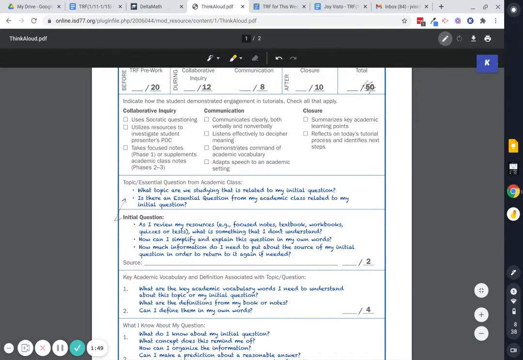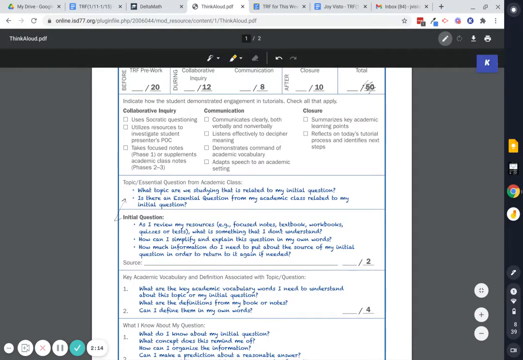Or special right triangles. We've got a physics test coming up and I'm really stuck on blank. Right, we have essentially 3 weeks left in the semester, so definitely there's probably at least one test coming in. And then how much information do I need to put about the source in order to return to it?